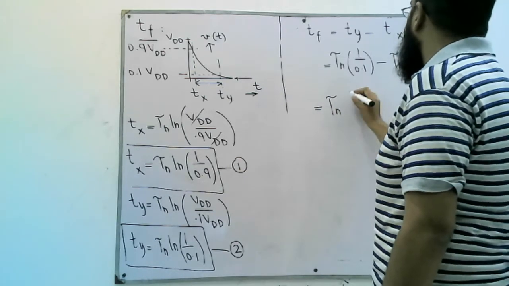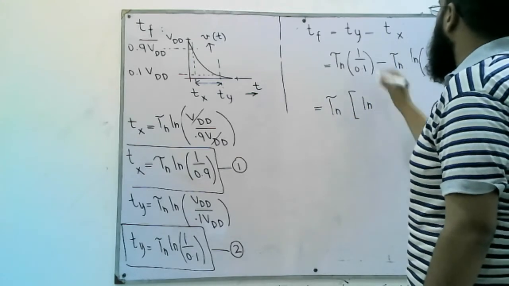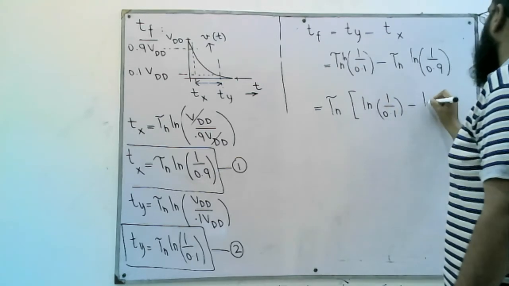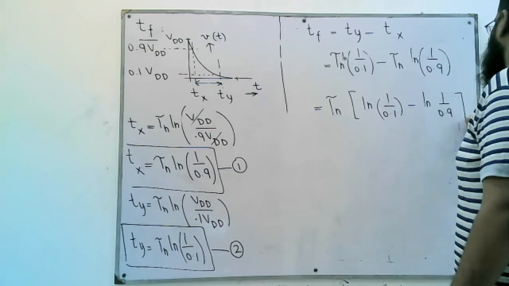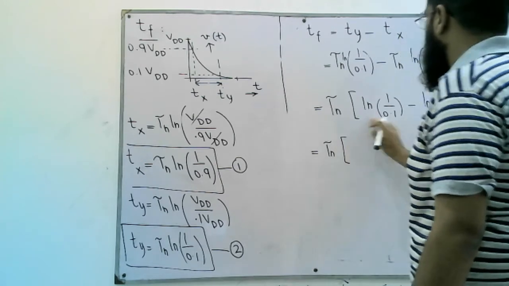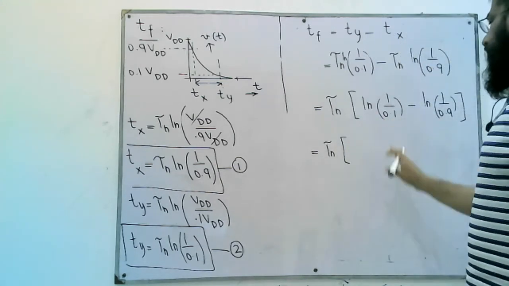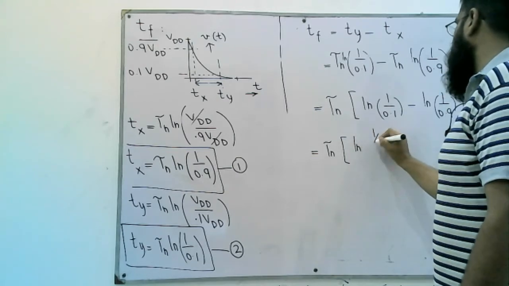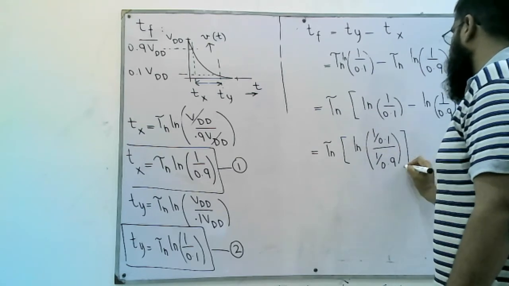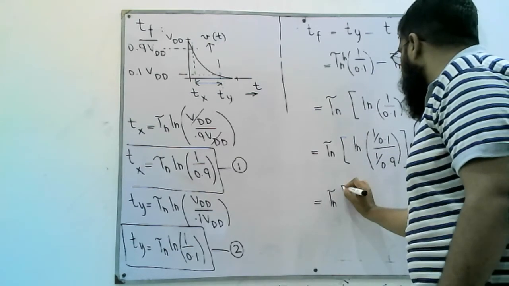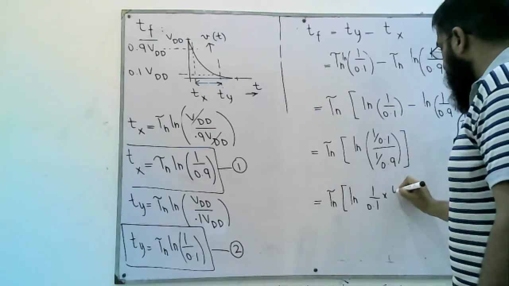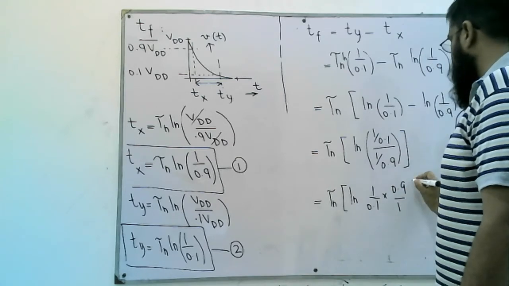Taking tau n common, this is tau n times log of 1 over 0.1 minus log of 1 over 0.9. Once again, this is log of a minus log of b, which can be written as log of a over b. Log of 1 over 0.1 over 1 over 0.9.